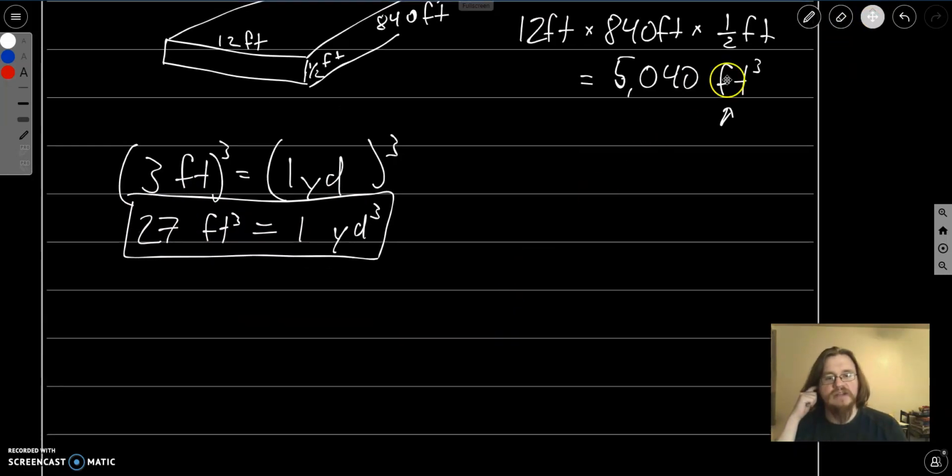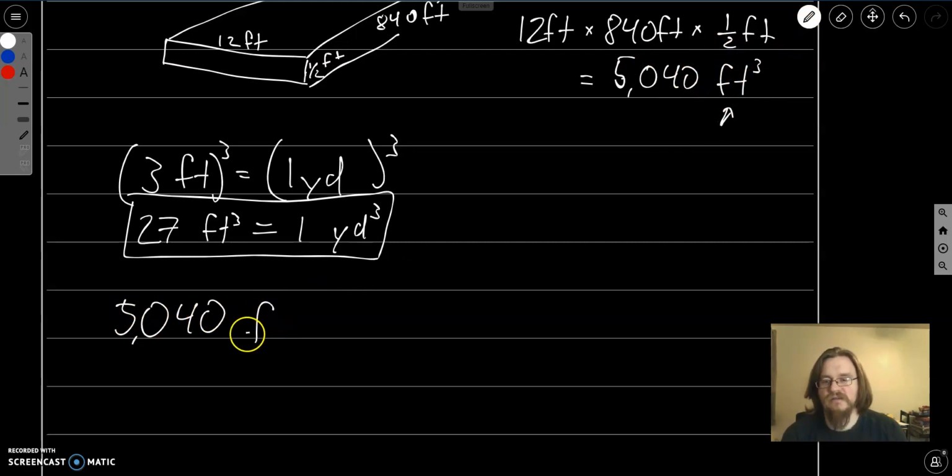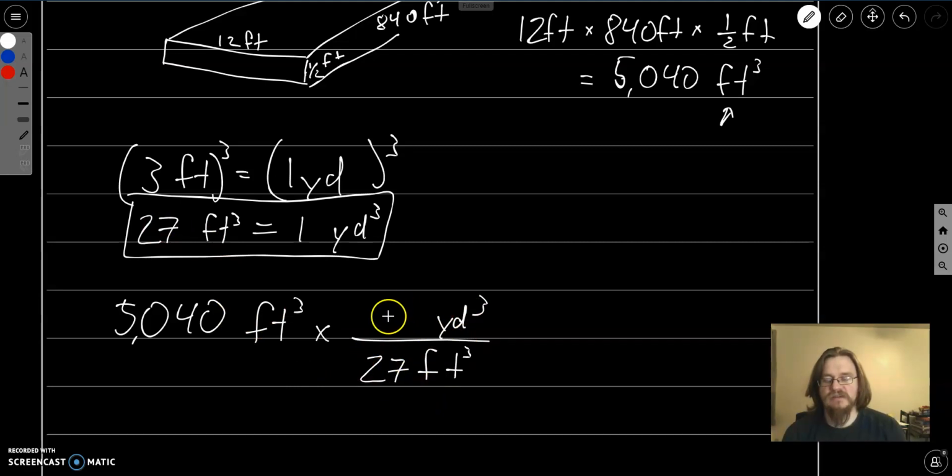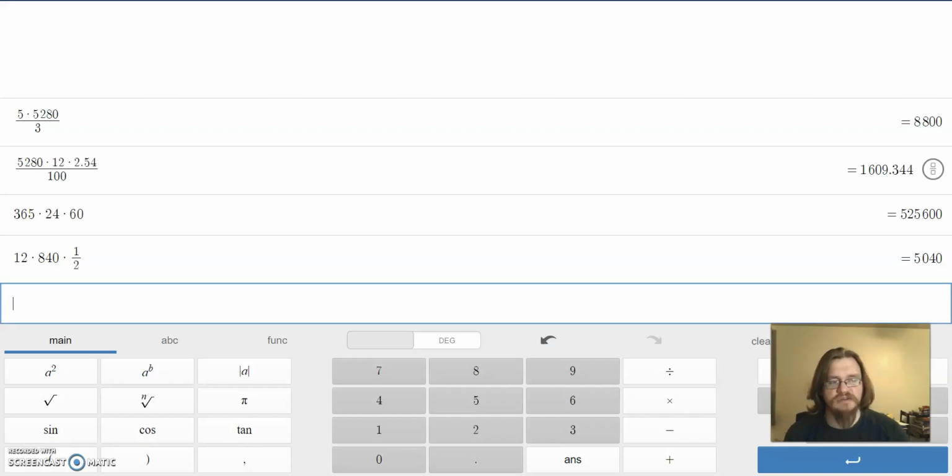So let's convert 5,040 feet cubed into yards. I need to cancel out my feet cubed, and I need to get yards cubed, and there's going to be 27 cubic feet for every cubic yard. Let's come back to decimals.